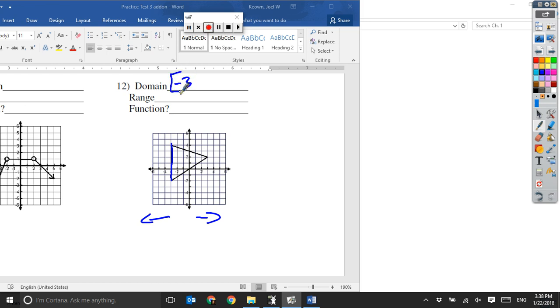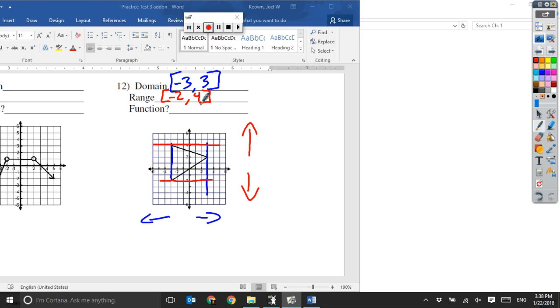It does touch at -3. The farthest to the right it goes is right here, which happens to be +3, and it touches all the x values in between. If I look at range, up and down, the lowest is right here, which is -2. The highest is right here, which is 1, 2, 3, 4.